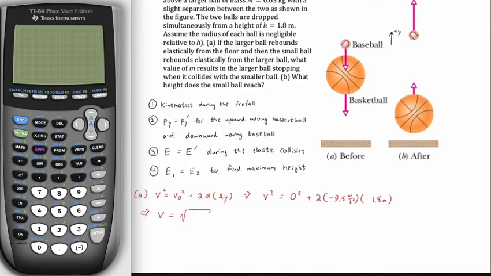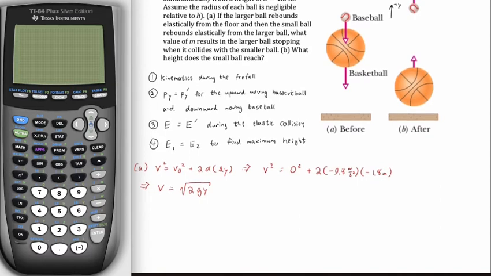So it'd be 0 minus 1.8, which gives us a negative in there. All right. And anyway, this has the form of 2gy, which is exactly what we get from conservation of energy because kinematics and energy are consistent with each other. And so then we can go ahead and just leave that as our velocity.